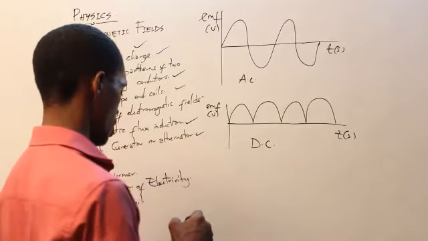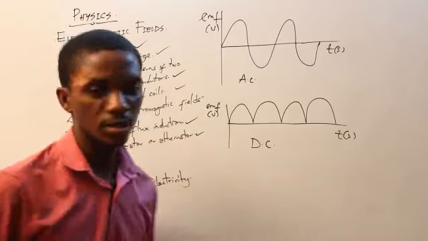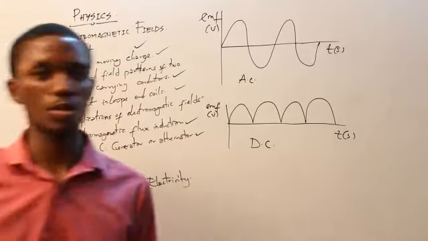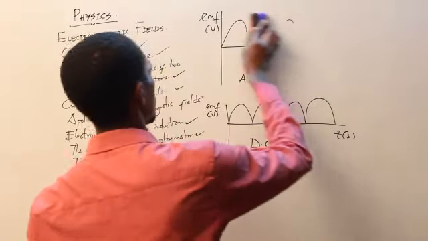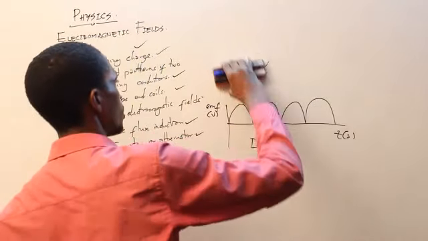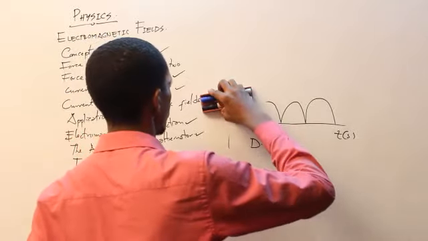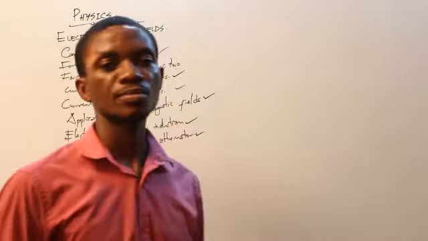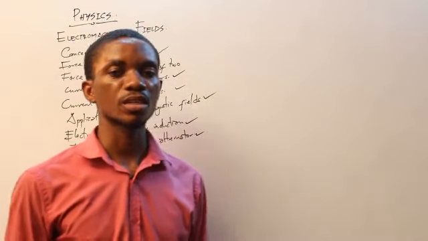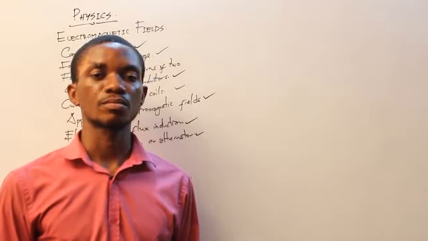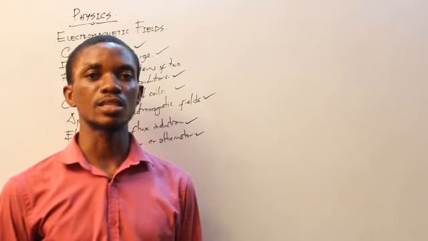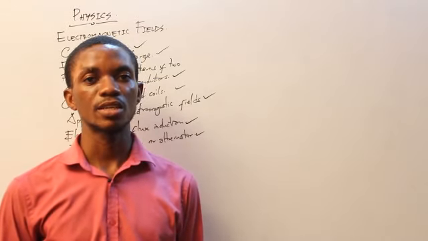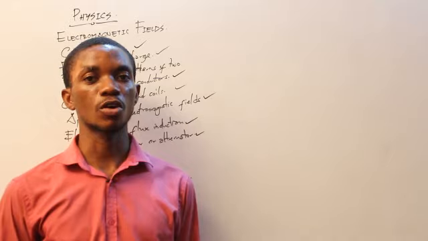Okay, let's talk about inductance. When we are talking about inductance, what do we mean? The inductance of a system is a kind of resistance that the system creates in opposition to the flow of current.